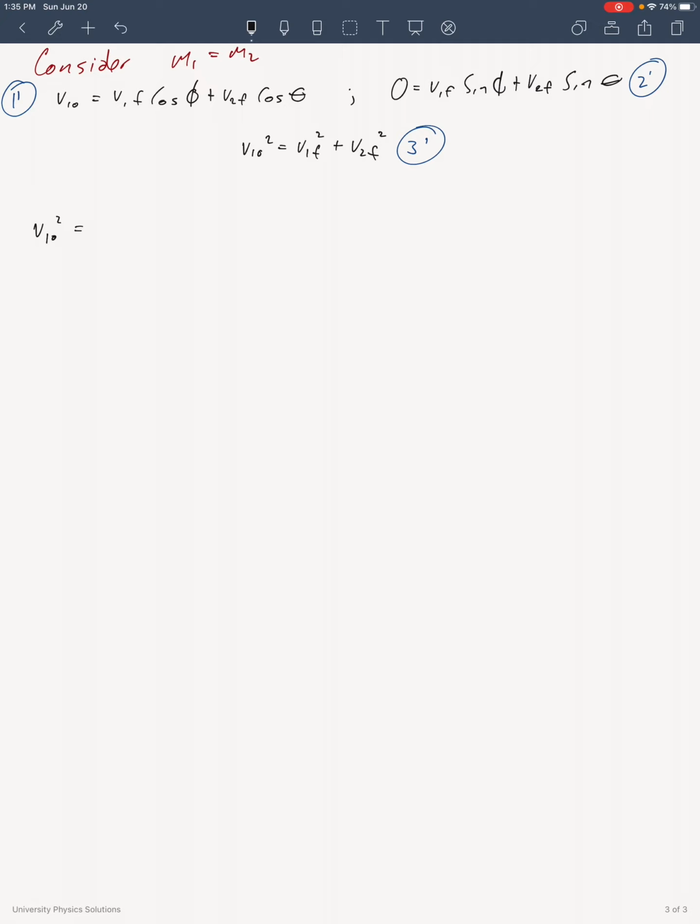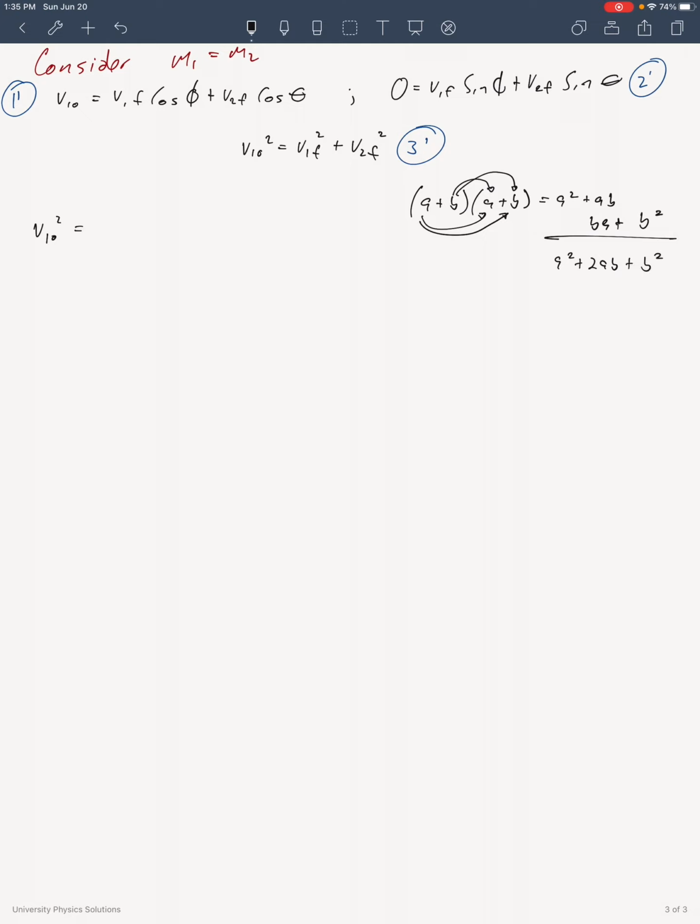So then I will have B10 squared is equal to squaring that, which means I need to FOIL my terms. If you remember, if you have A plus B and you square it, meaning you multiply it times itself, you have then A times A is A squared, A times B is equal to AB, right? On the other side you have B times A will be equal to BA, and B times B will be equal to B squared. And so what you end up with is A squared plus 2AB plus B squared.